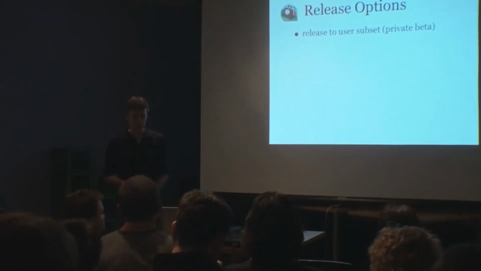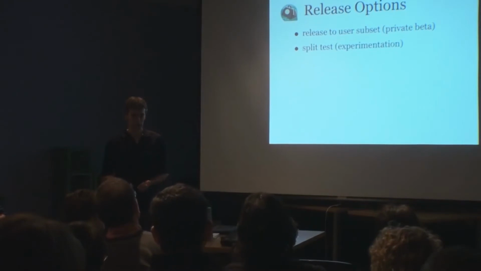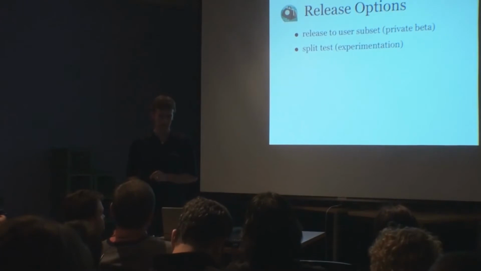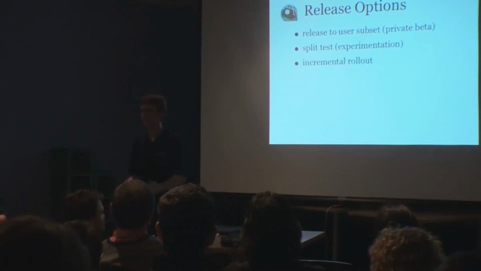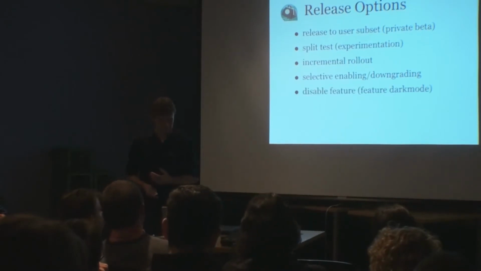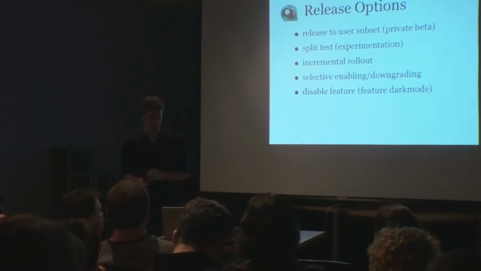So here are some of the options. We can release to a user subset, a private beta. We could conduct a split test, exposing some subset of users to some set of functionality and other users to another set. We could roll things out incrementally, only to a subset of servers. We have the ability to selectively enable or disable features, or selectively downgrade features.